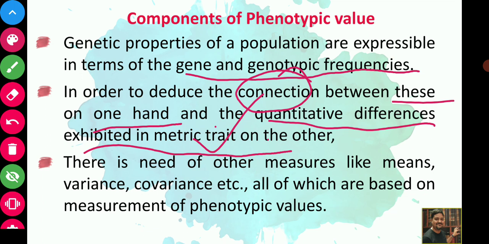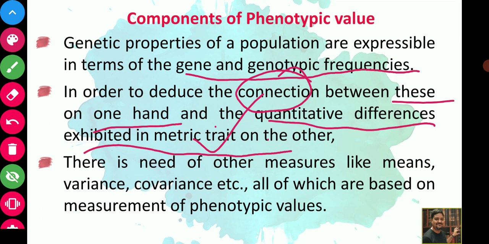Now, suppose the trait is milk yield. So now you want to see the quantitative difference between the milk yield of the animals. What we know on one hand is that there is genotypic difference between the animals.